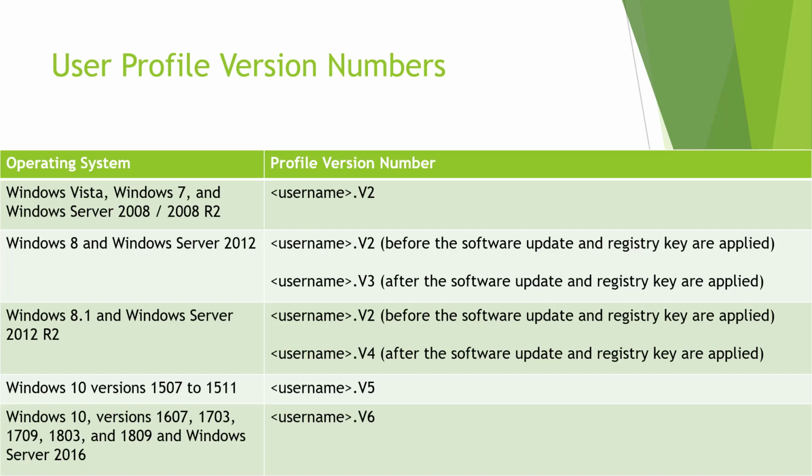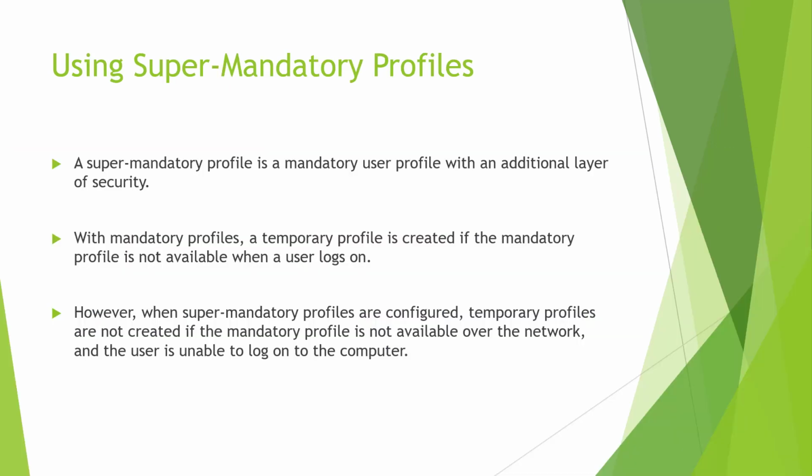So what happens if we have a mandatory profile and we don't want a temporary profile set up? Those are called super mandatory profiles, and essentially we tell it so that the mandatory profile, if not able to load, do not create a temporary profile, just do not load at all.